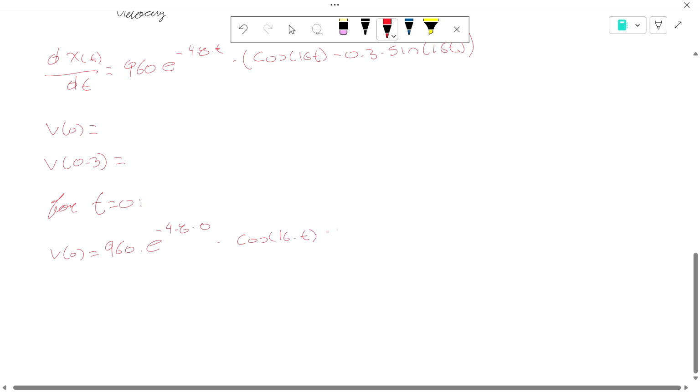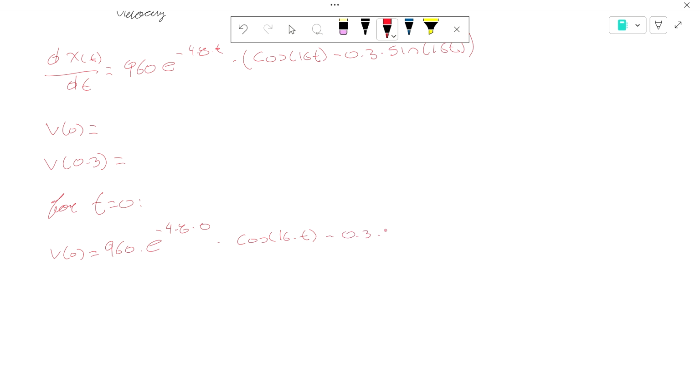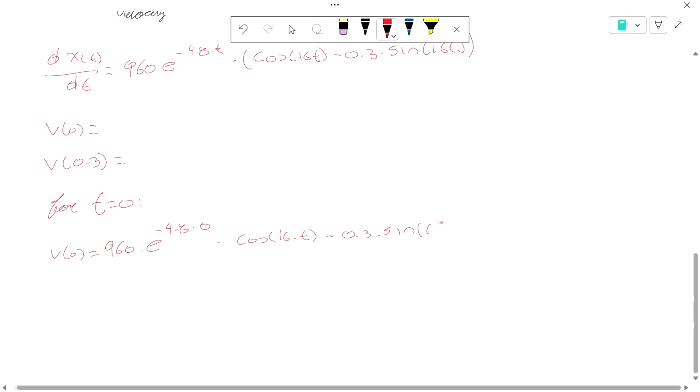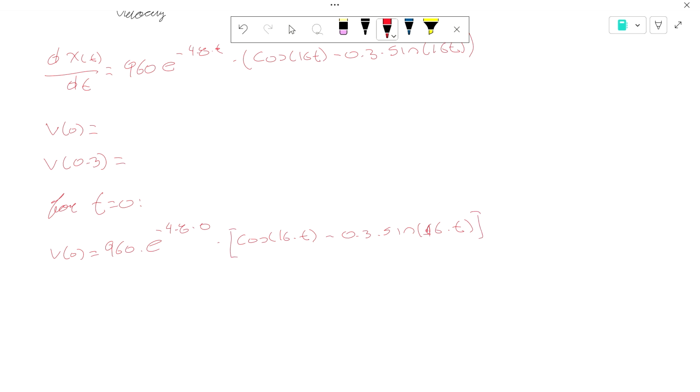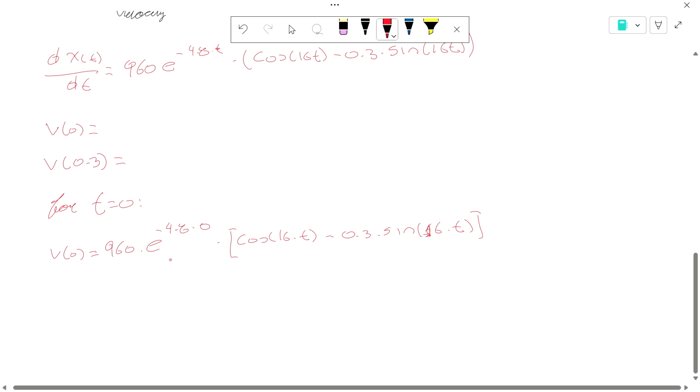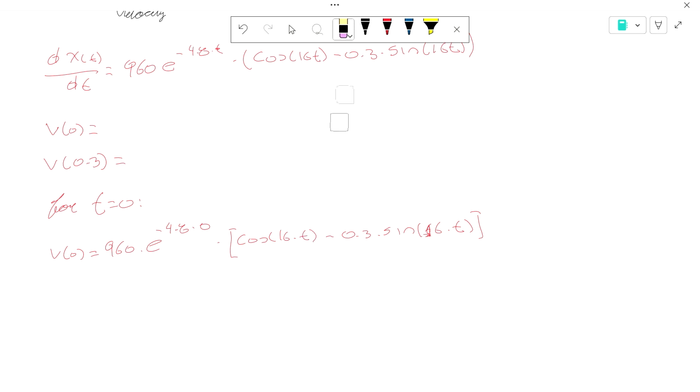Now cosine at 0 is not 0, but this is 0, it means subtracting 0.3 times sine 16t. And all this is multiplied by 960 e to the negative 4.8 times 0. So t is 0 and t is 0. Times 0 times 0.